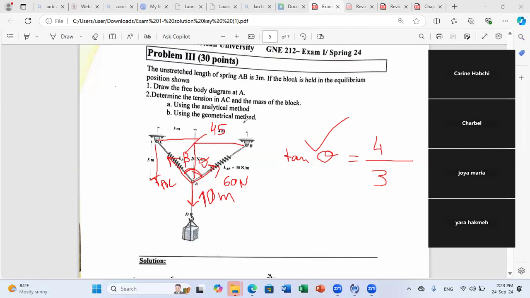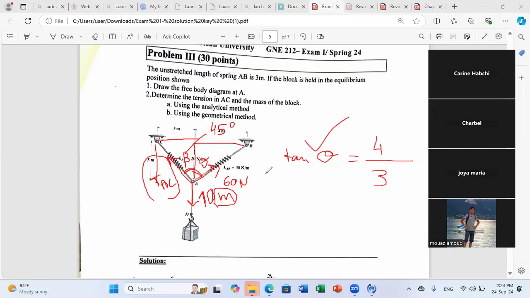Now that I did my annotation and got my angles, I have only 2 unknowns, the mass and the tension. So all I need is to write 2 equations. If I use the analytical method, what will be these equations? TAC plus TAB plus the weight equals 0.